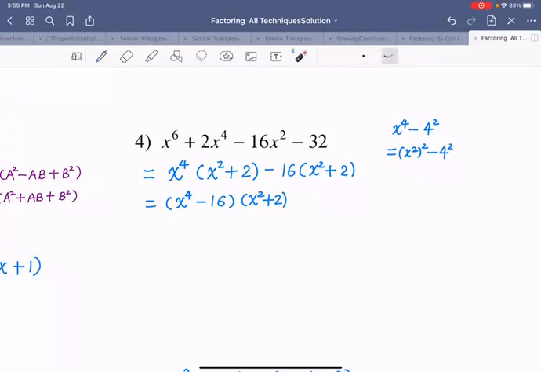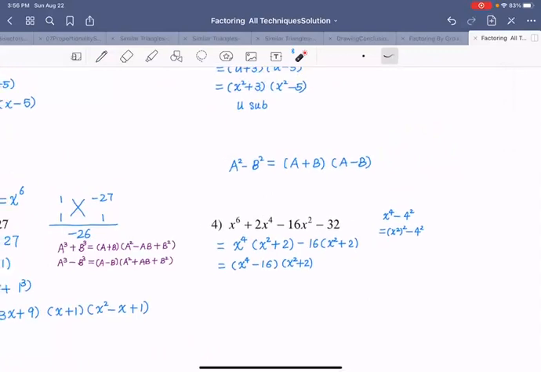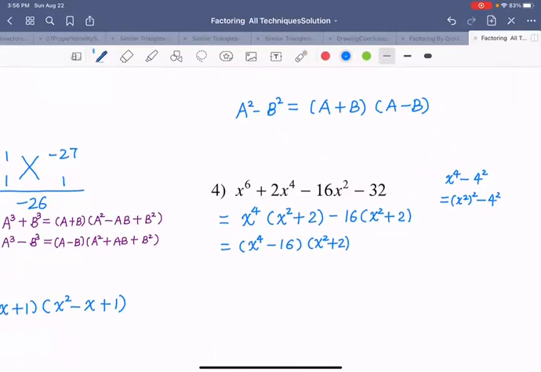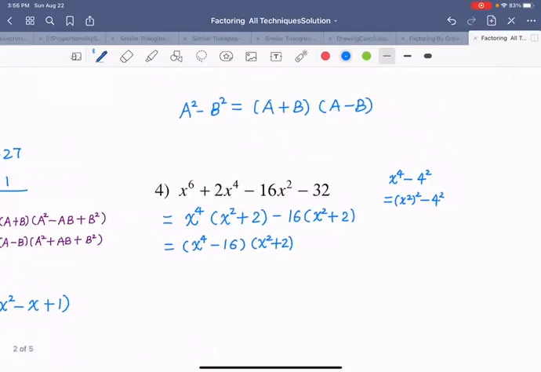What's the formula? I already showed you how to do that. Okay, go ahead, do this here. So equals A plus B. Who is A, who is B? It equals x squared plus 4 times x squared minus 4.